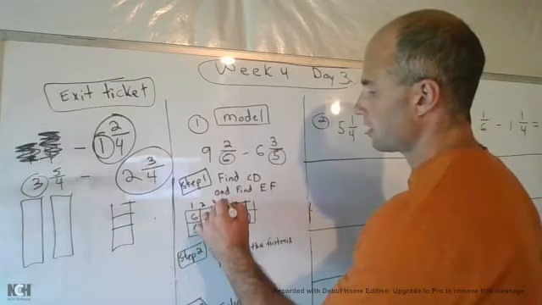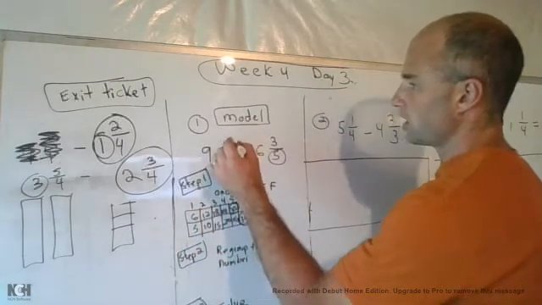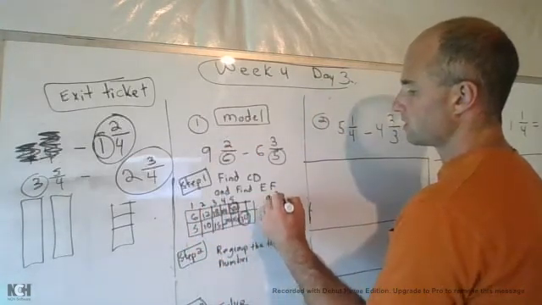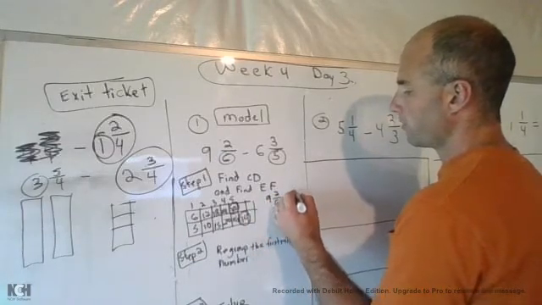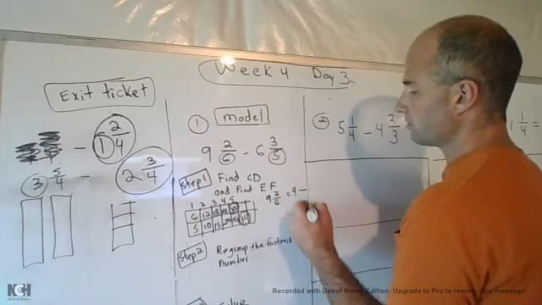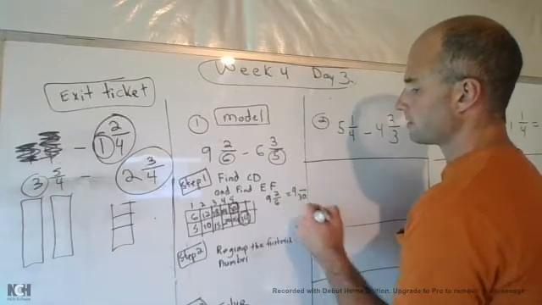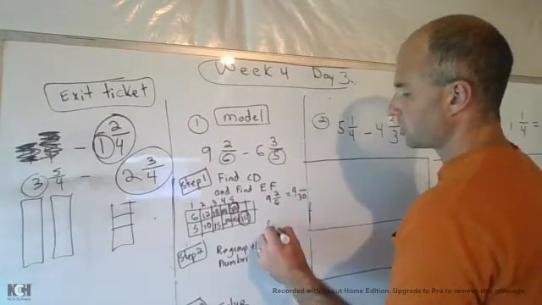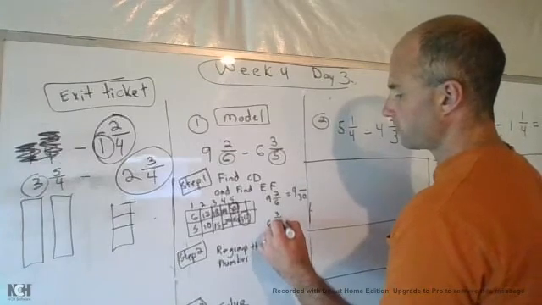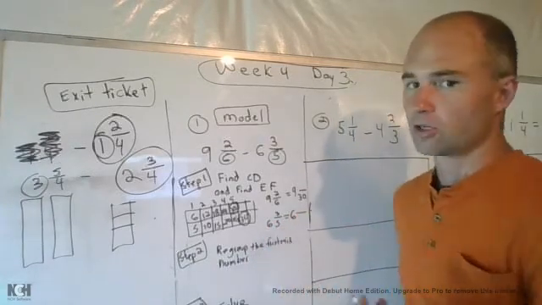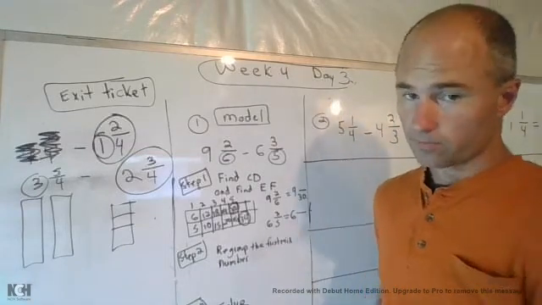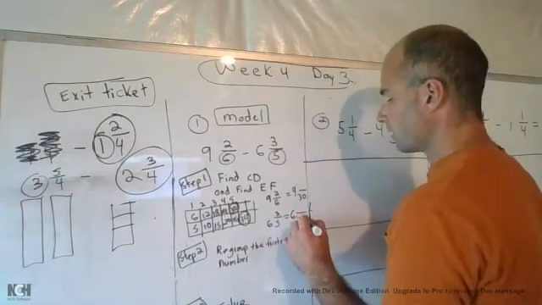So now I'm going to change 9 and 2/6. Don't forget about that 9, the 9 comes with it, into an equivalent fraction that has 30 as the denominator. And I'm going to change 6 and 3/5 into an equivalent fraction, technically an equivalent mixed number, where 30 is the denominator.